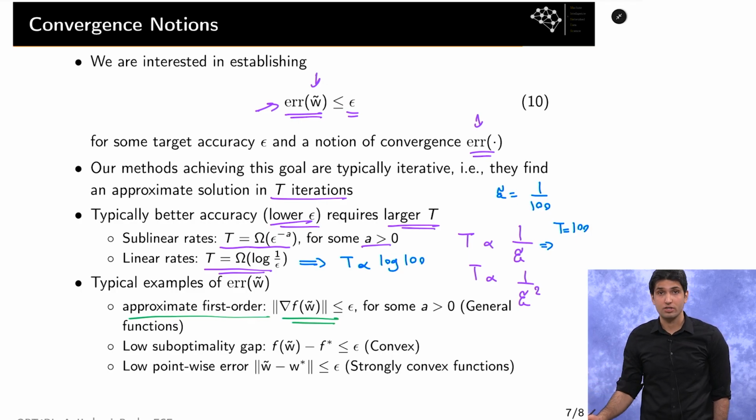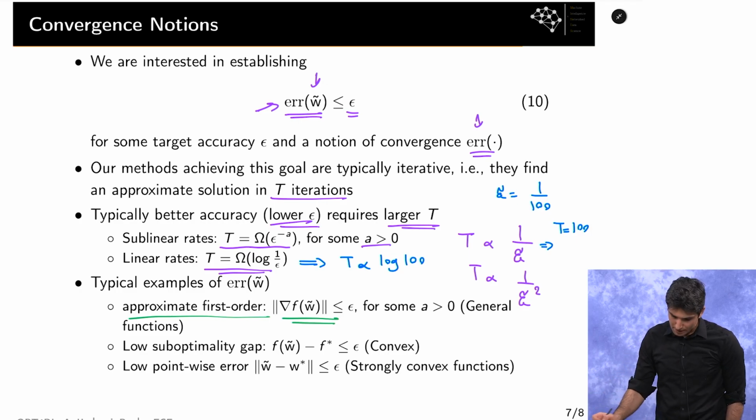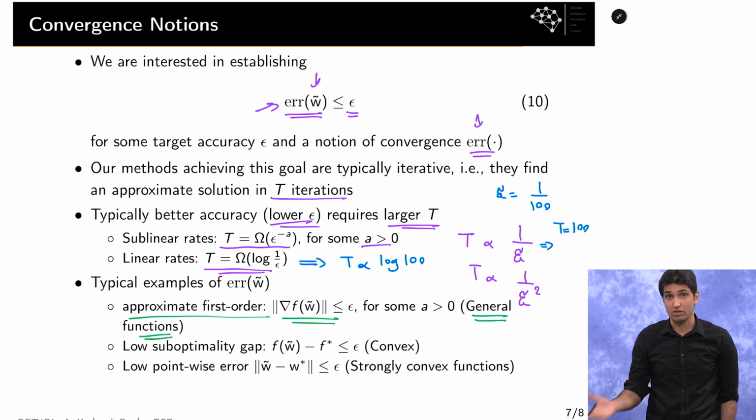But hopefully our algorithms are such that we can avoid bad solutions such as a local maximum if we are minimizing a function, okay? And this criterion, I would say, is of utility when you are talking about general functions that are not necessarily convex, okay? So therefore, the most you can say about the performance of a specific algorithm is whether they can find a first order solution or not.